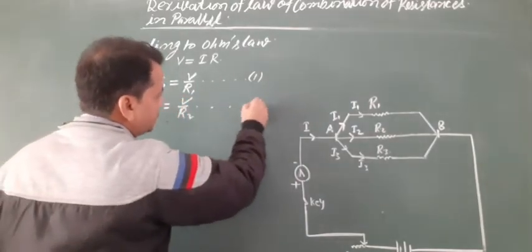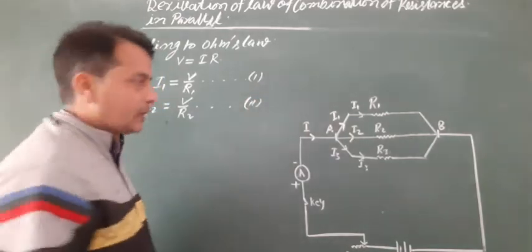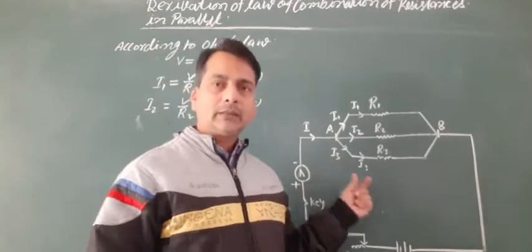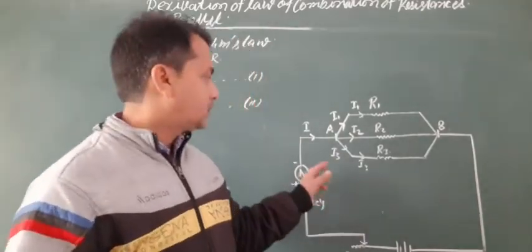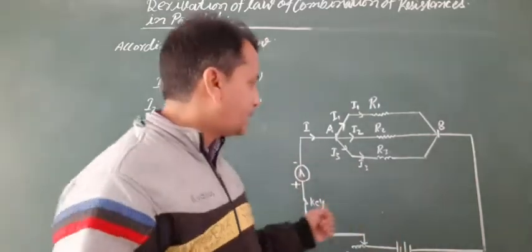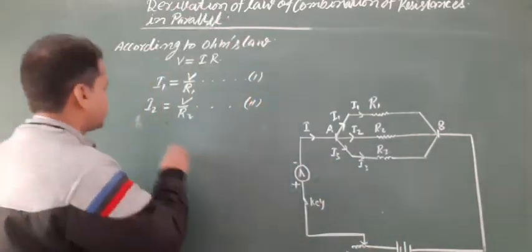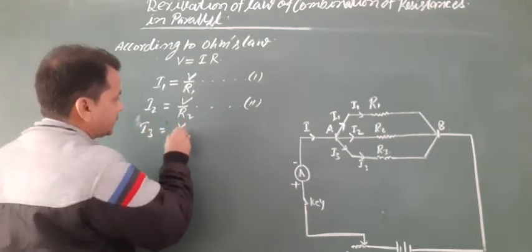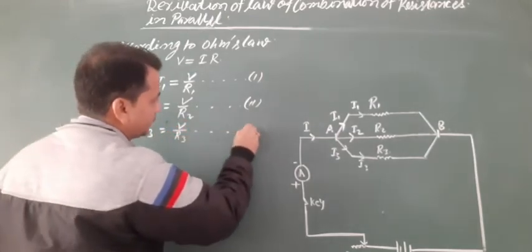That is the second equation. Now the third current, I3, flows through the resistor R3. So here the current I3 equal to V by R3.